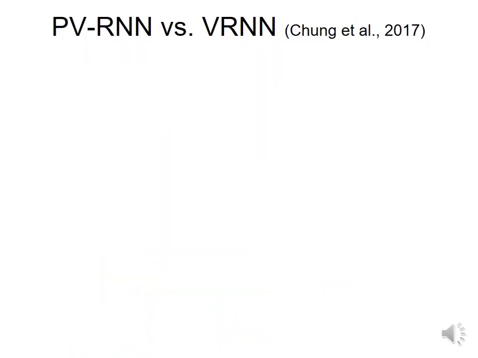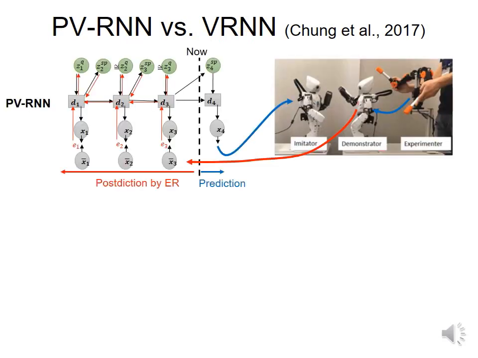I'd like to show the comparison between the PV-RNN and another type of variational recurrent network, VRNN, developed by Chung and his colleagues. In the PV-RNN, as I explained, posterior inference is conducted by error regression, using the error signal to update the posterior.